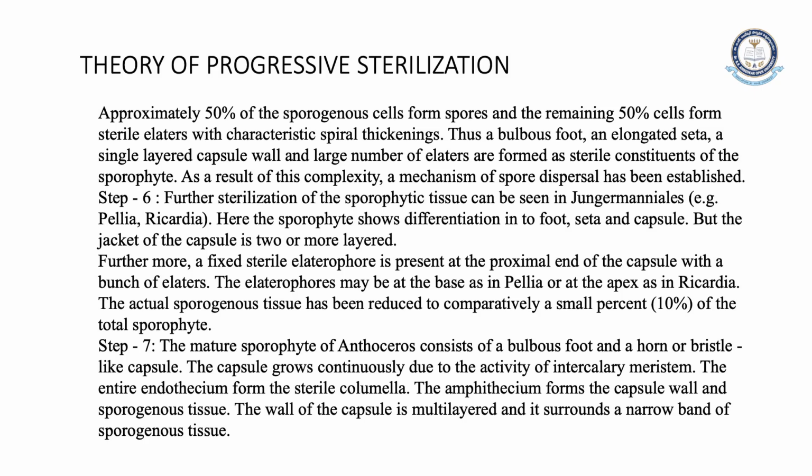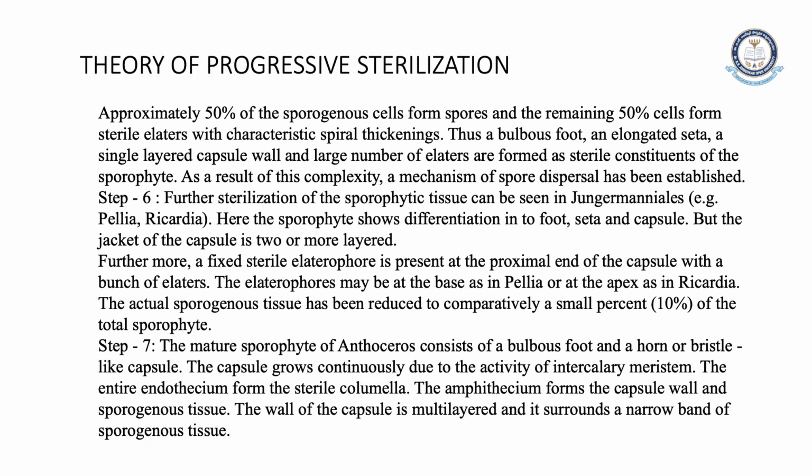Further sterilization of sporophytic tissue can be seen in the Jungermanniales, for example Pellia. Here the sporophyte shows differentiation into foot, seta and capsule, but the jacket of the capsule has two or more layers.